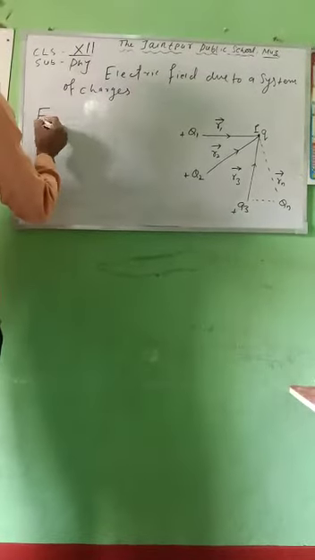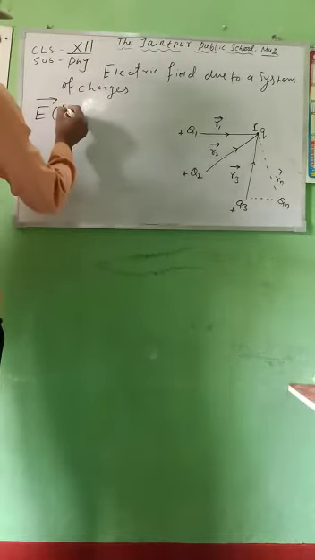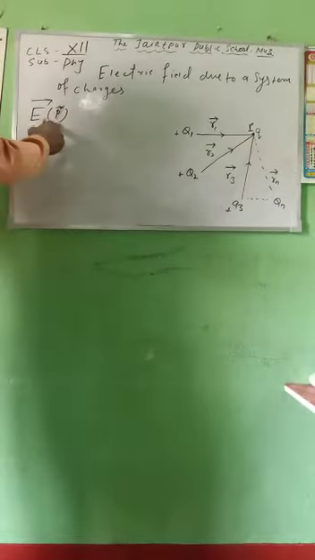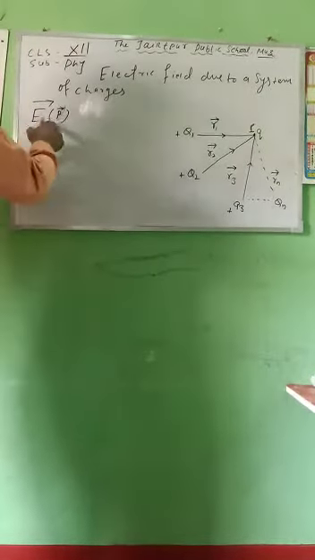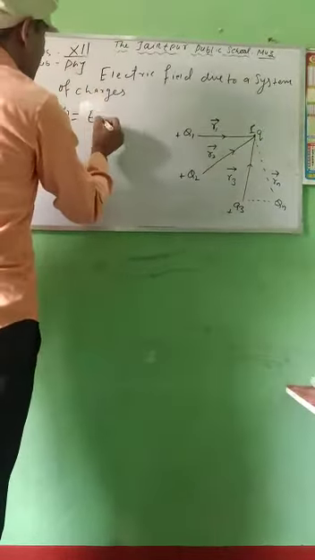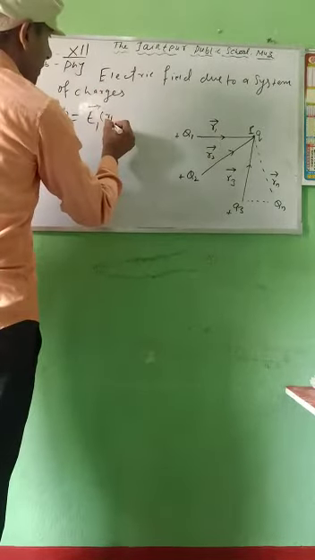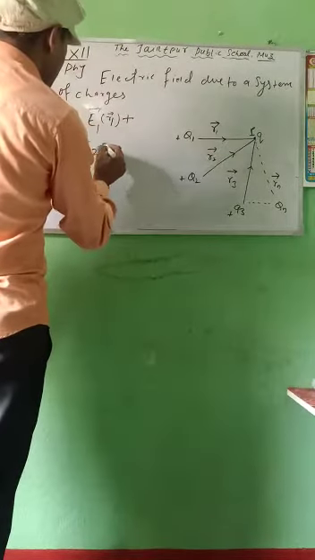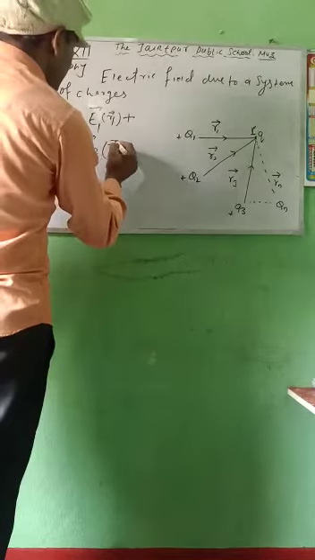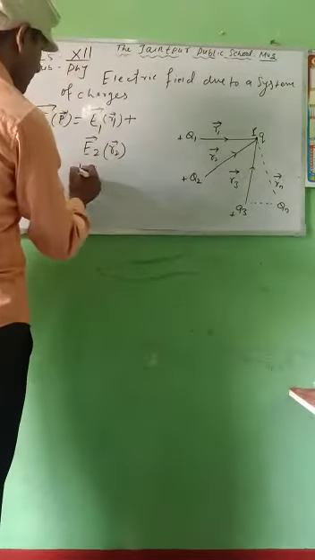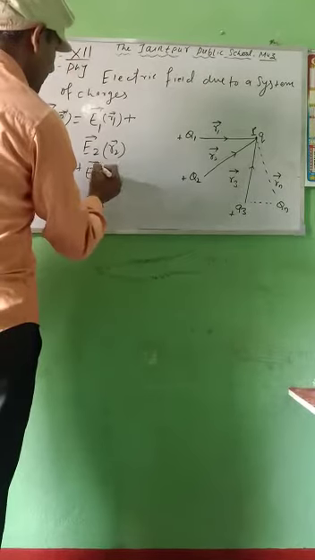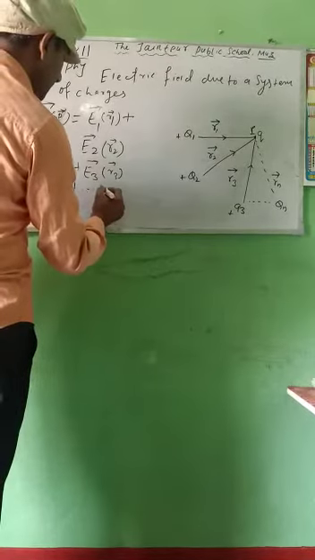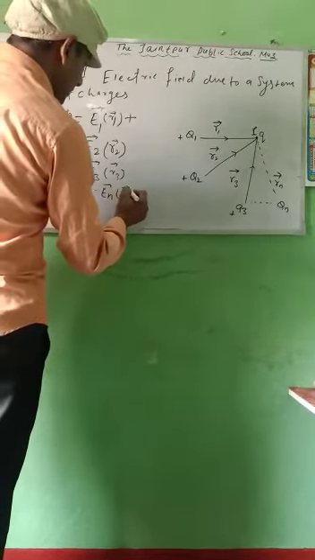So E at P, this is point P, so I have taken in a bracket E at P, electric field at P. Electric field at P is equal to E1 due to r1 plus E2, r2 position vector, plus E3, r3, plus En, rn.